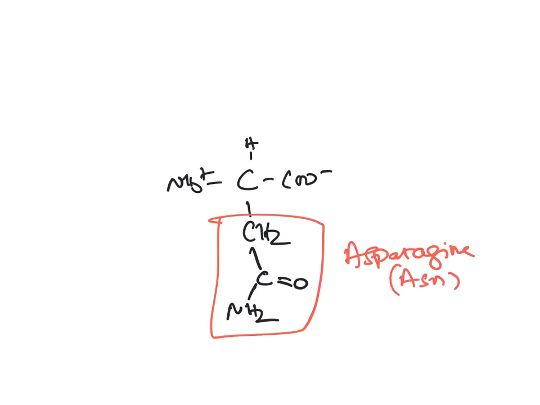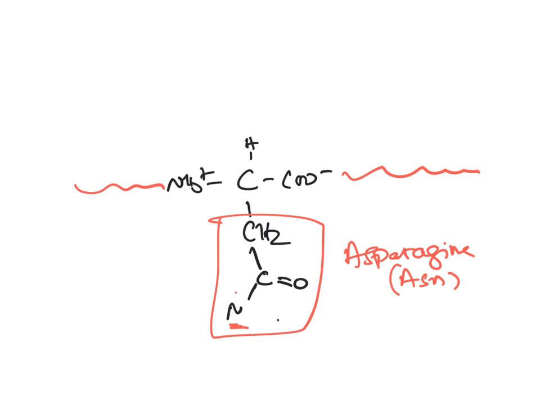Asparagine. The importance of asparagine is in a polypeptide chain. Imagine that it is part of a polypeptide chain, and the side chain, especially the amino group of asparagine, will be attached with, say, glucose. So I'm going to add glucose to this side chain.